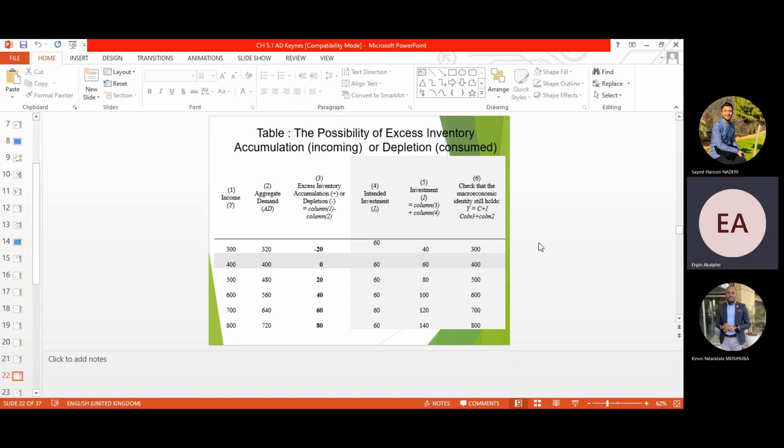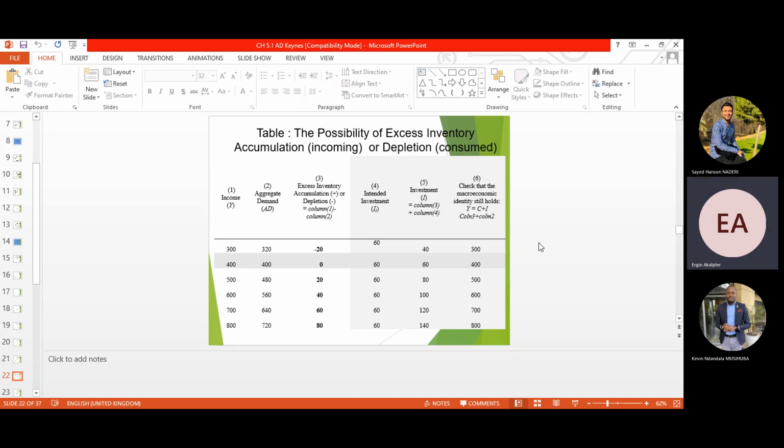Then we are getting this output, so-called disposable income or aggregate demand, which is going to be equally distributed to the economy. And as you see here, in the second column and in the fifth column, all becomes equal here, because it is adjusted, isn't it?